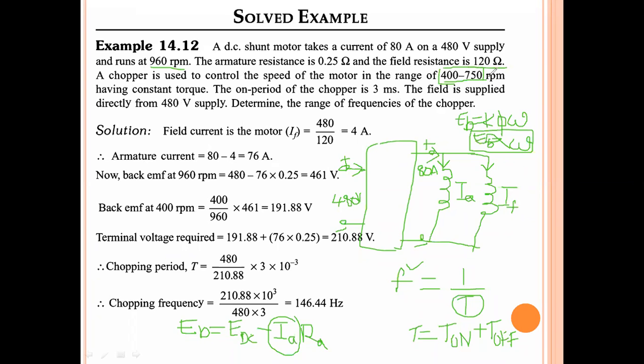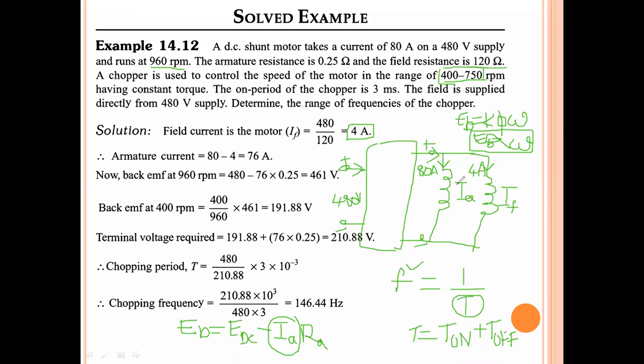The field resistance is 120 ohm and the supply voltage is 480 volts. So the field current IF will be VF by RF, meaning 480 by 120. So the field current is 4 amperes. That means out of 80 amperes, 4 amperes is flowing in the field circuit.